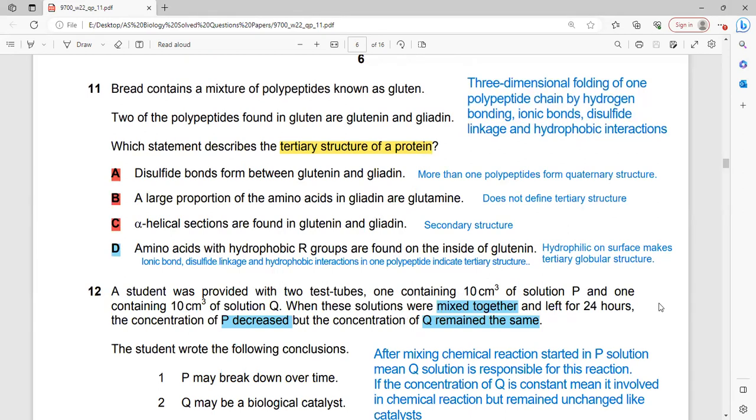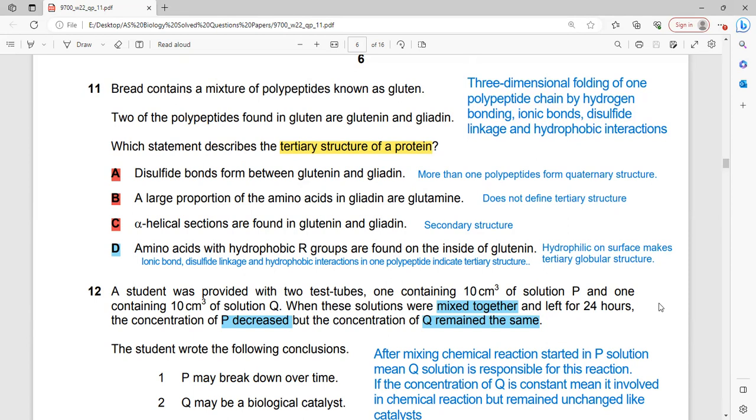Which statement describes the tertiary structure of the protein? Protein contains 4 different structures: primary, secondary, tertiary, and quaternary structure. What is the correct definition for the tertiary structure? It is the 3-dimensional folding of 1 polypeptide chain by hydrogen bonds, ionic bonds, disulfide linkages or hydrophobic interactions.